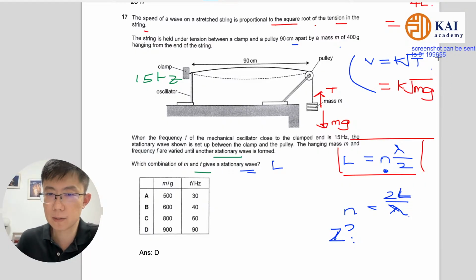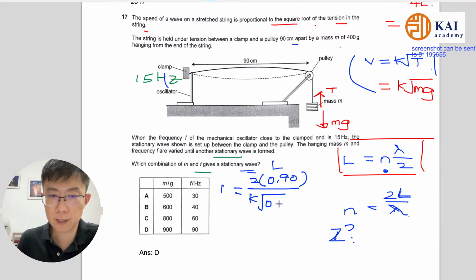What we know so far: the first piece of information is that when n equals 1, this is the first mode of vibration, and the length of the string was 90 cm, so that is 0.90. Wavelength is velocity over frequency, so it's k square root of the mass, which is 400 grams, so 0.4 times 9.81, and then you divide by the frequency of 15.